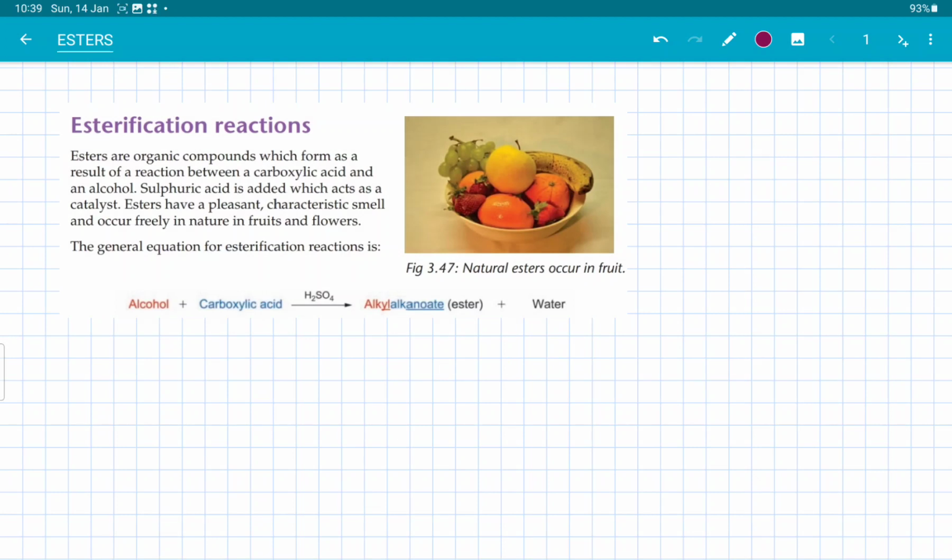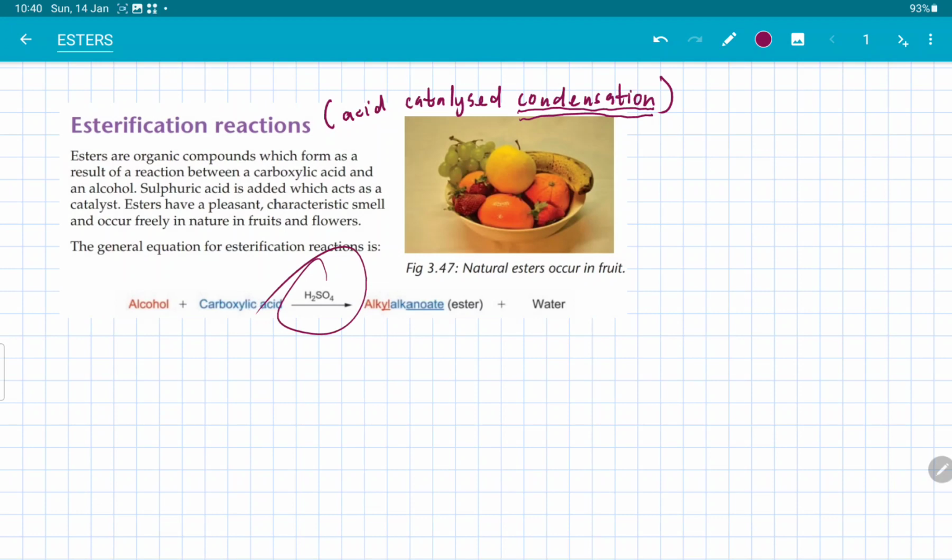So this reaction is also called an acid catalyzed condensation reaction, where acid catalyzed refers to the sulfuric acid.